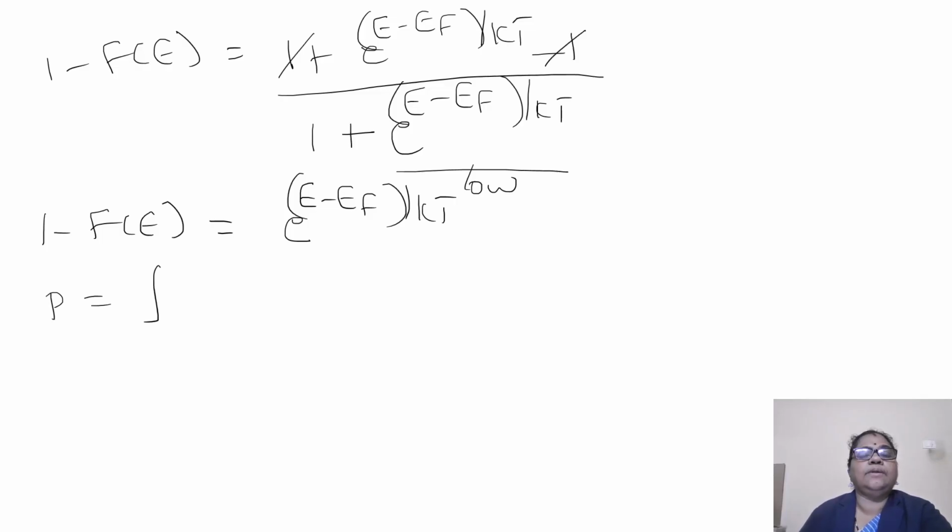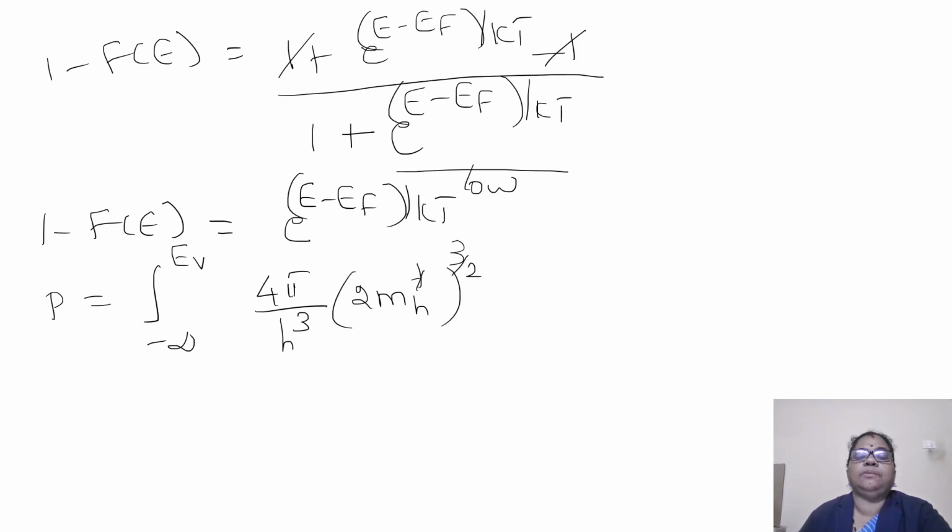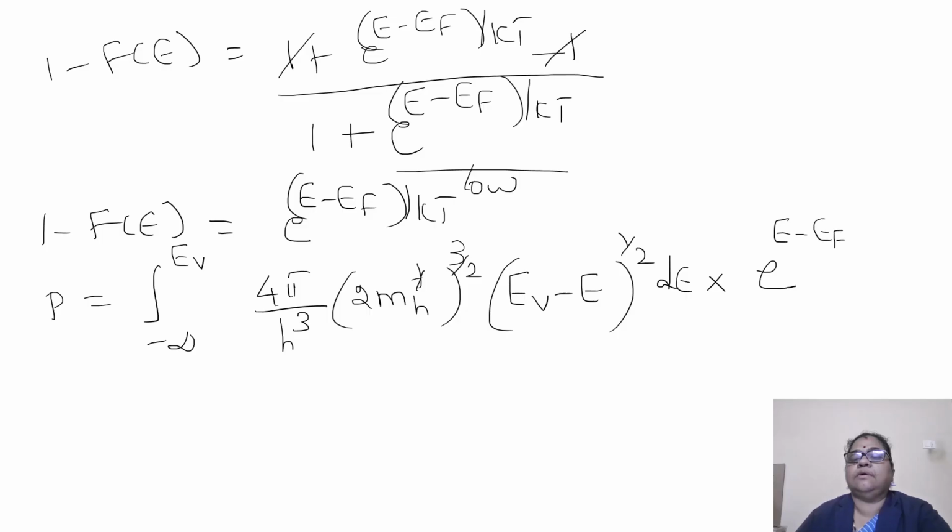P is equal to the integral from minus infinity to EV, multiplied by 4 pi by h cube, multiplied by 2 m h star to the power 3 by 2, multiplied by EV minus E to the power half dE, multiplied by e to the power E minus EF by KT.